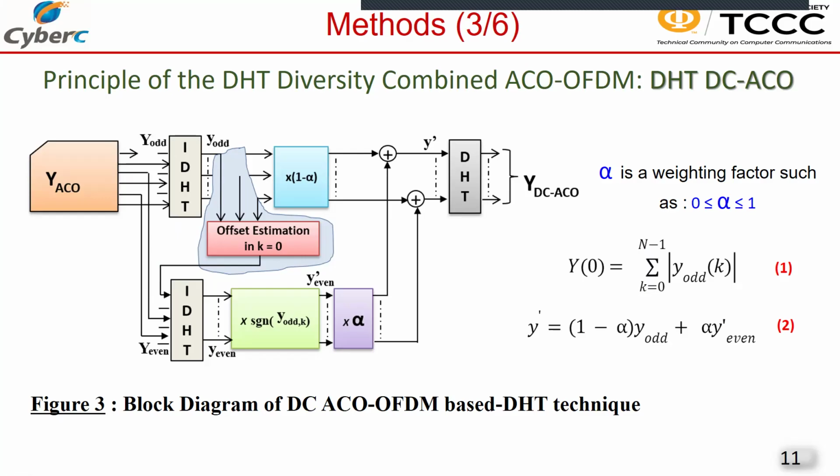The odd component is then processed using an inverse discrete Hartley transform to obtain the information data from the odd subcarriers. This helps to estimate the DC offset as shown by equation 1, which is crucial for accurate demodulation and signal reconstruction using equation 2.